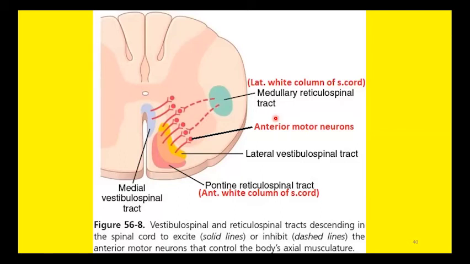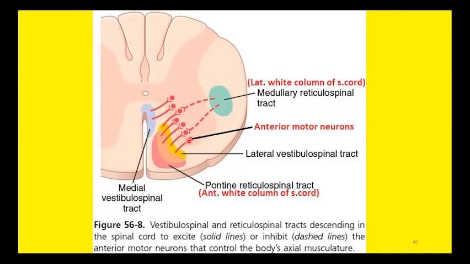And here you can see the site of termination of the reticulospinal tracts. We have just mentioned the two reticulospinal tracts, medullary and pontine. Both the fibers terminate on the same anterior motor neurons.